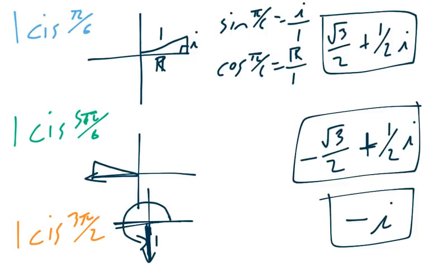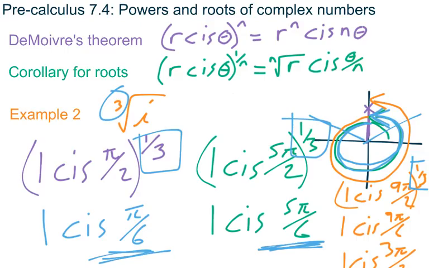Let's review very quickly how we got those answers. We first took our original function, the cube root of i. We converted it to polar form, 1 at pi over 2, recognizing that it was straight up and down. Then, instead of taking the cube root of it, we raised it to the 1/3. That's so we could use DeMoivre's theorem. We raised the 1 to the 1/3 power, which is 1, and multiplied the angle by 1/3, giving pi over 6.